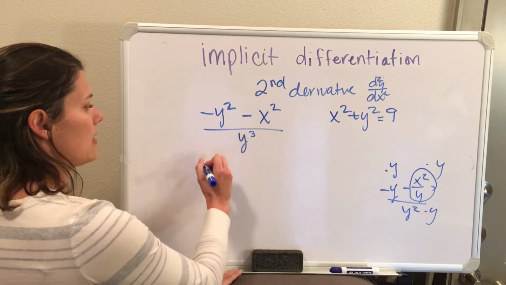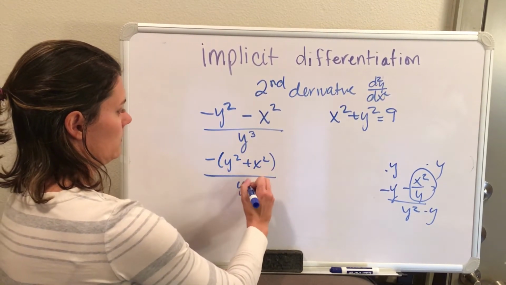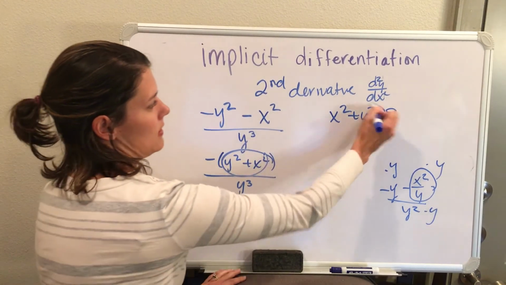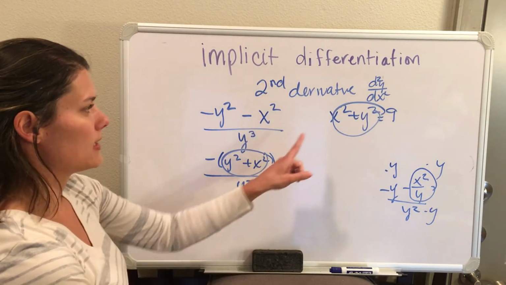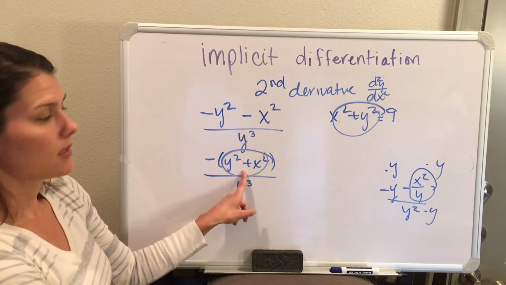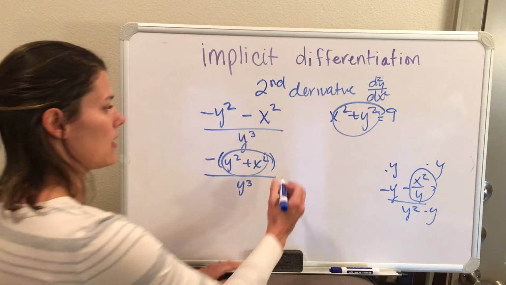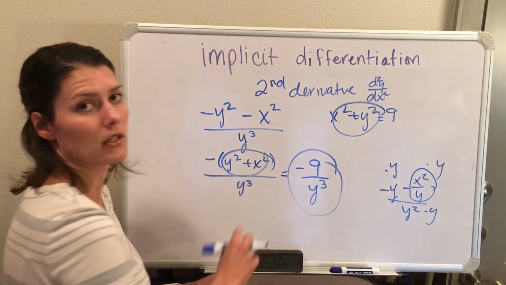If I were to take out a negative, this is the exact same as what I started with. I see that x squared plus y squared equals 9, so I will replace the y squared plus x squared with 9, and I will get negative 9 over y cubed.